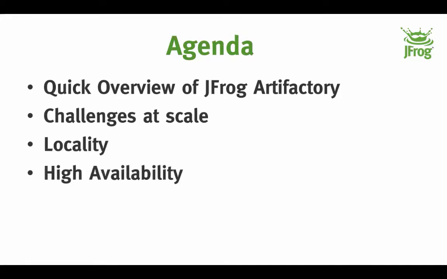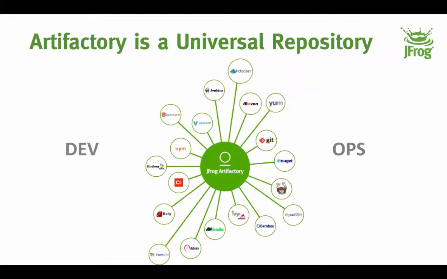So this could be in terms of security, in terms of storage, in terms of monitoring and alerting. The other topic that we'll talk about today would be locality, as well as high availability of your Artifactory architecture. And then we'll talk about what are the storage limitations that one may run through when they are scaling their infrastructure for the enterprise. Okay, so let's get started.